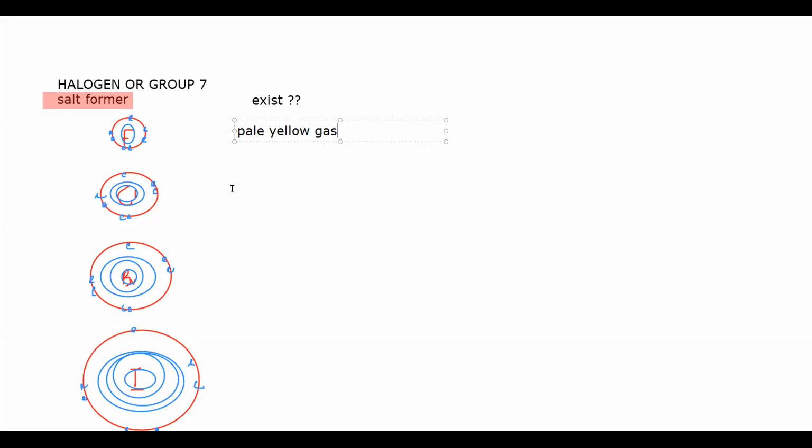Chlorine is yellowish green. Bromine is a red brown liquid, whereas iodine is a black or purple solid.